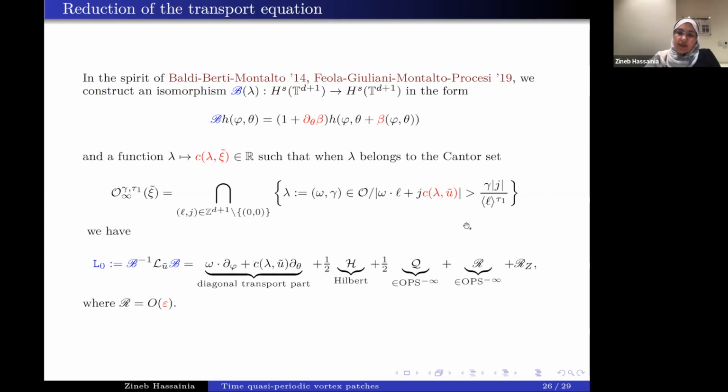We still have a Hilbert transform, the regularizing operator Q that we got at the equilibrium, and a new remainder of size epsilon, which is infinitely regularizing.